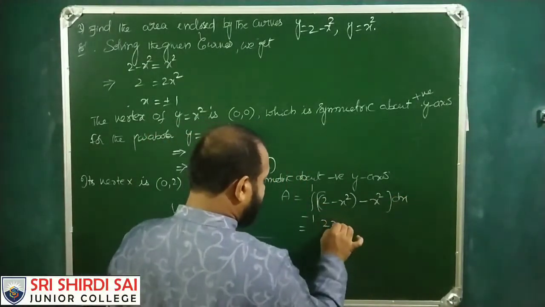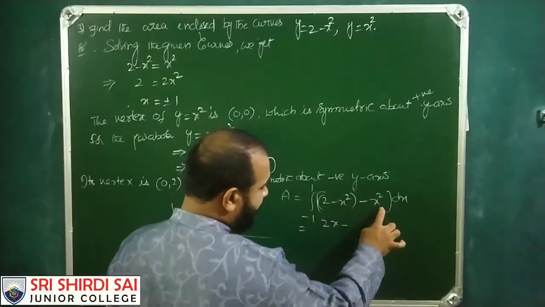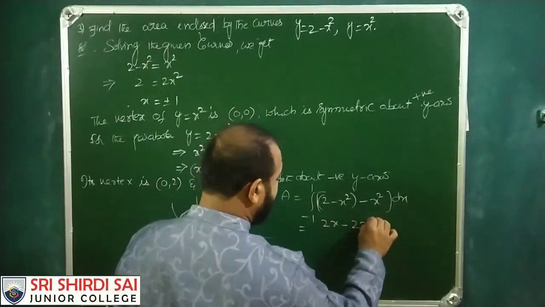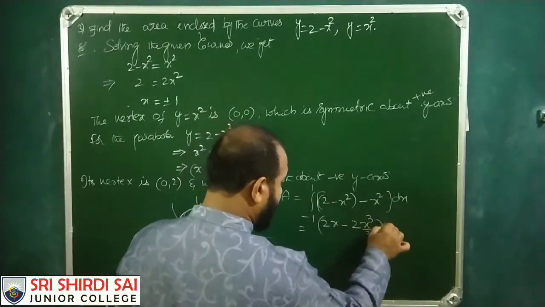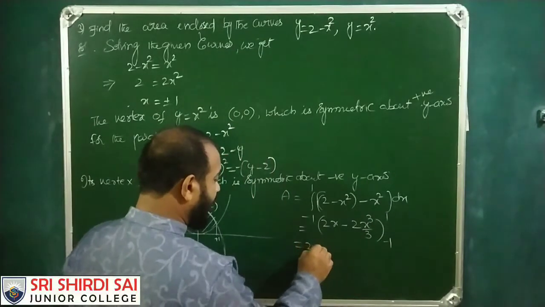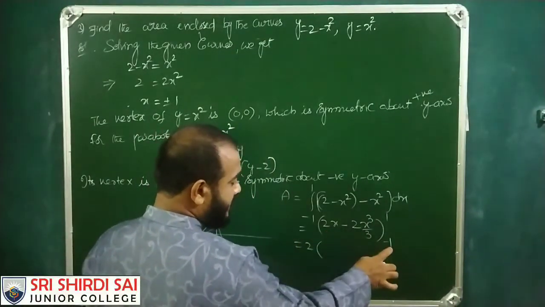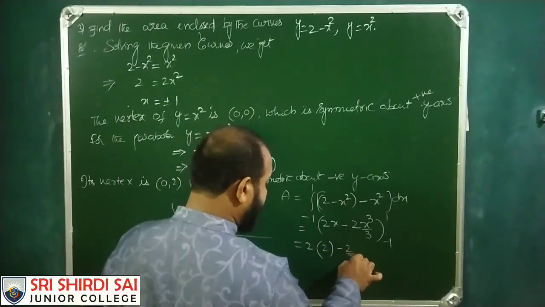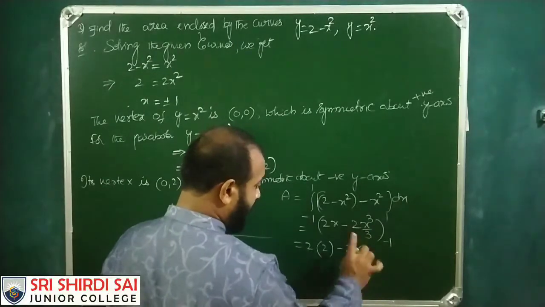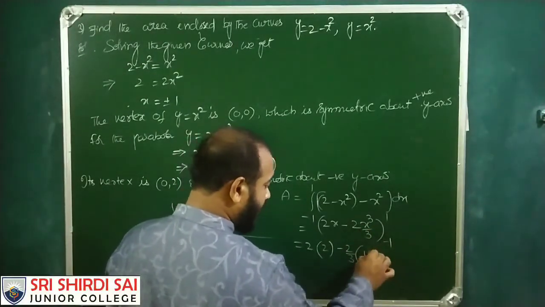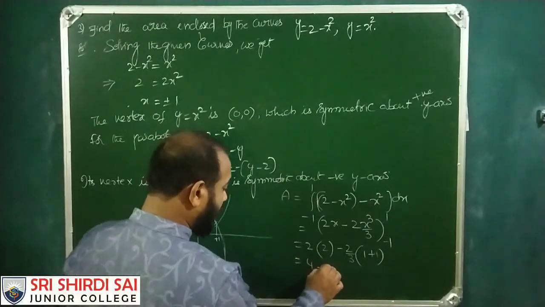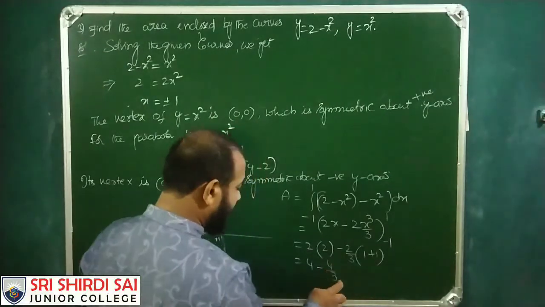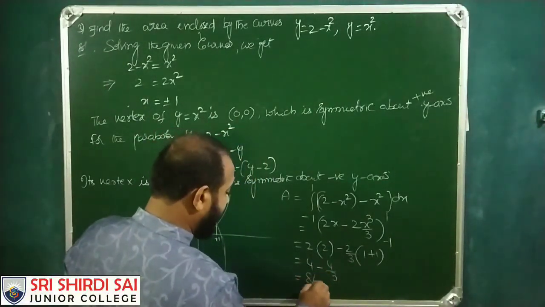Integral of 2 dx is 2x minus, for x square, x cube by 3, so 2 into integral x square is x cube by 3, from minus 1 to 1. 2 into upper limit 1 minus lower limit minus 1, which is 2 into 2, minus 2 by 3 into 1 cube minus minus 1 cube, which is plus 1. So 2 2s are 4, minus 2 by 3 into 2, which is 4 by 3. 3 4s are 12 minus 4, so 8 by 3 square units.